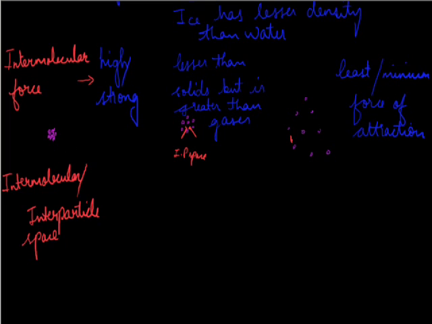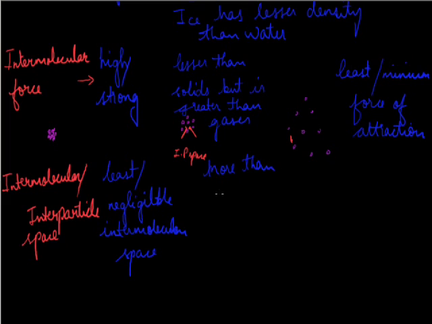So in the case of solids there is the least, negligible, or very small interparticle or intermolecular space. In liquids, the space is more than in solids, and lesser than in gases. In the case of gases, the intermolecular space is the greatest, the highest among the three.